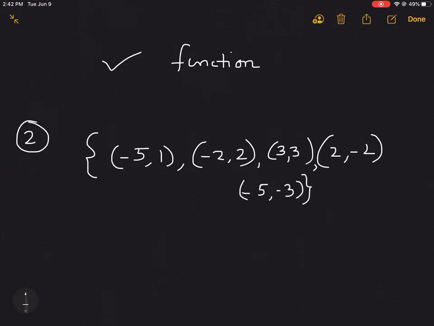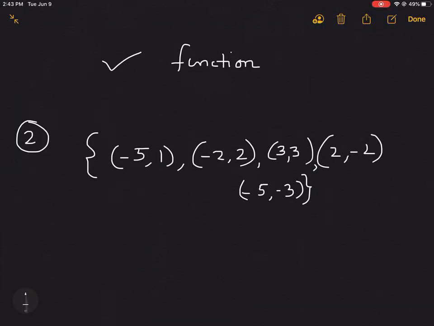Okay. Now we want to eyeball and say whether or not it's a function. We don't want to spend too much time, and we don't want to graph this all the time, right?